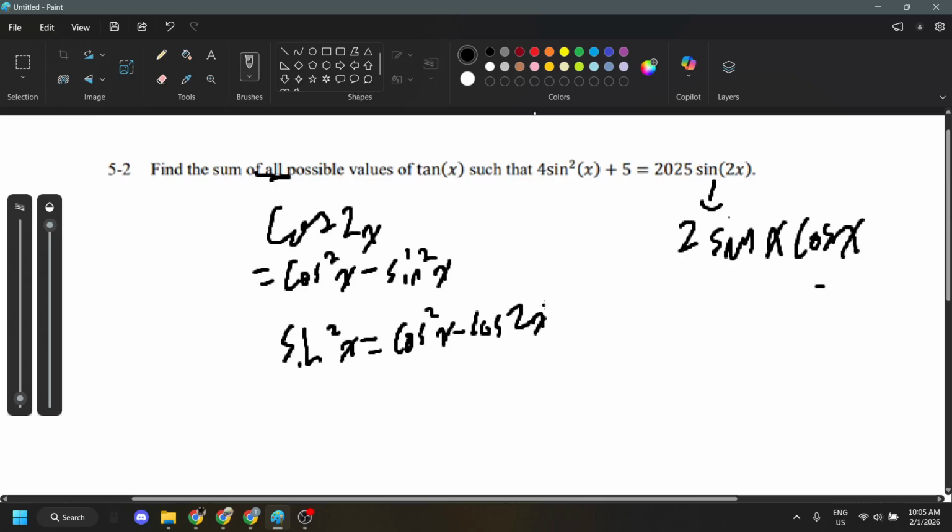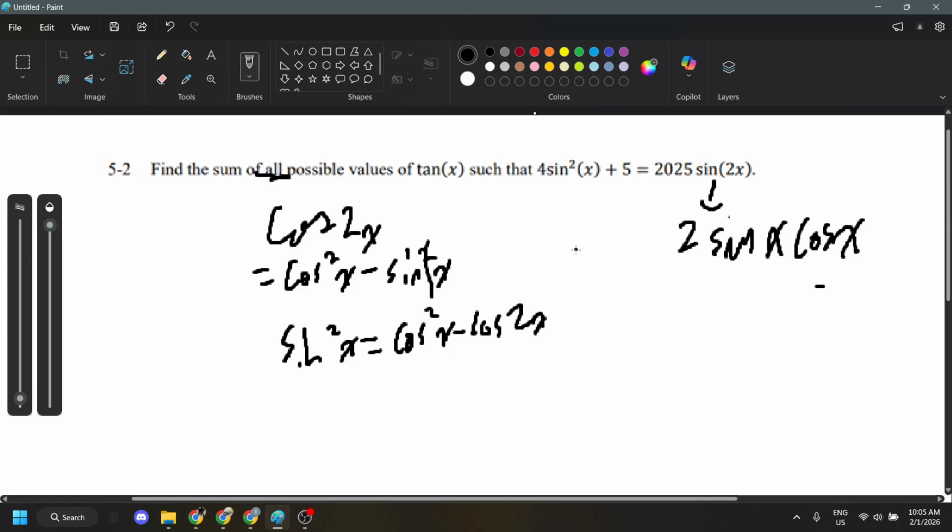Unless we were to square both sides. Then we'd have sine squared x, cosine squared x, and we could turn cosine squared x into 1 minus sine squared x. I mean, we can try that.